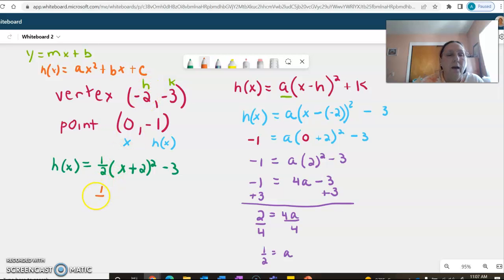So we have 1/2, and then we have x plus 2 times x plus 2 minus 3. Okay, so then we FOIL that, and I'm going to put it in parentheses here. Okay, x squared plus, I'm skipping some steps here, folks. I'm making an assumption you can FOIL.